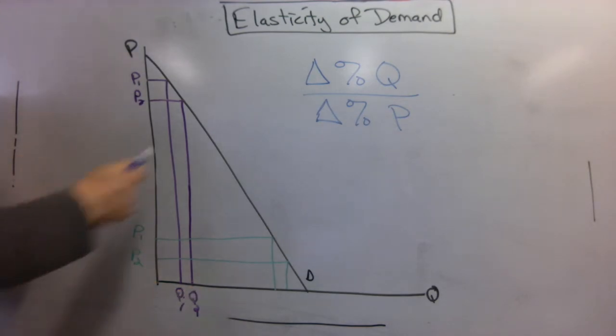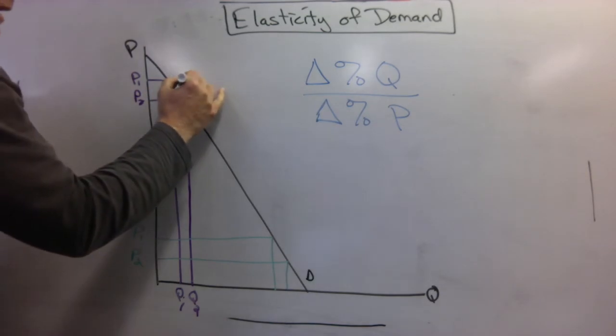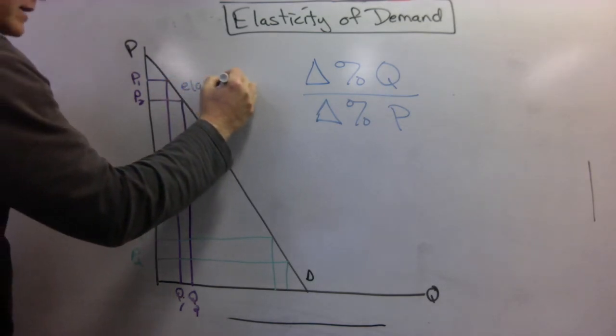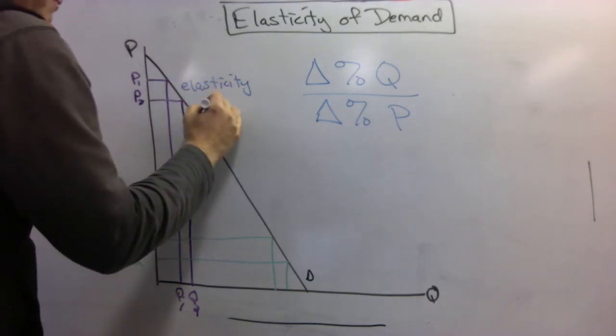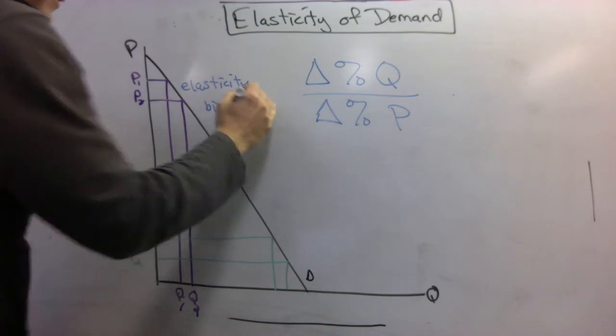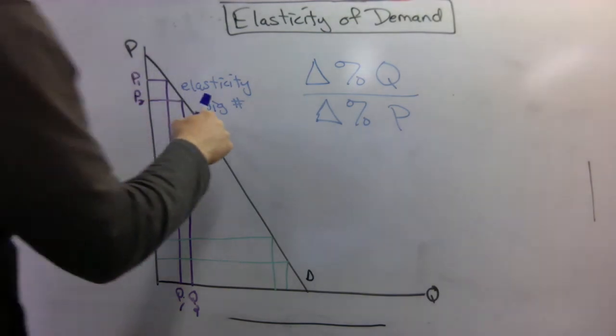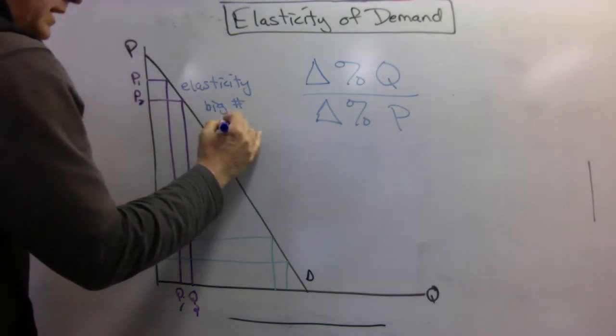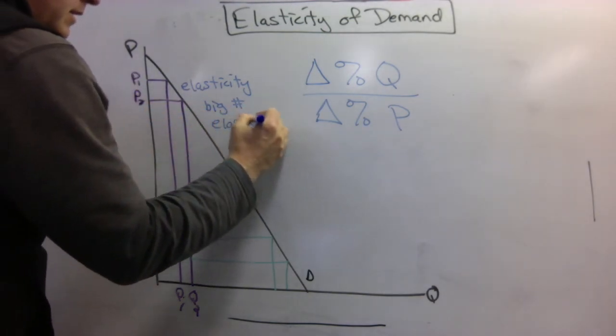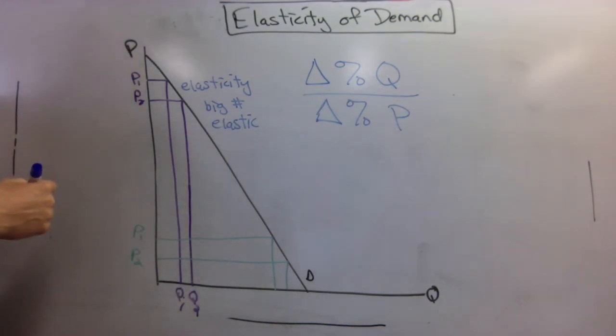In fact, the elasticity at this point is going to be a pretty big number. And if it's a big number, then it is more elastic. The bigger the number, the more elastic it is.